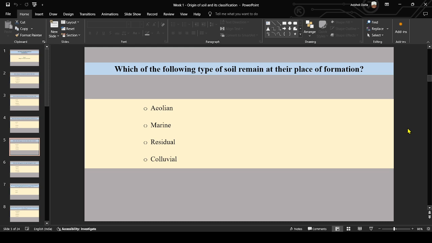Which of the following types of soil remain at their place of formation? Your options are aeolian, marine soil, residual soil, or colluvial soil.